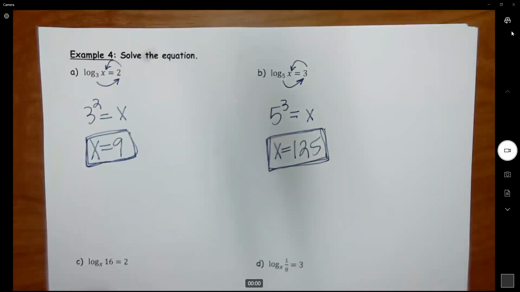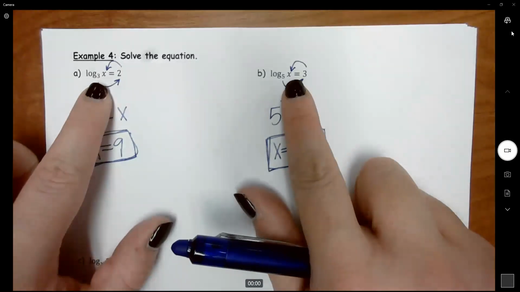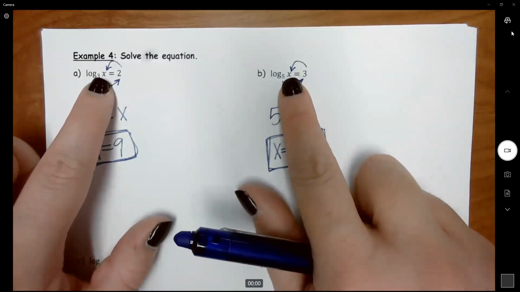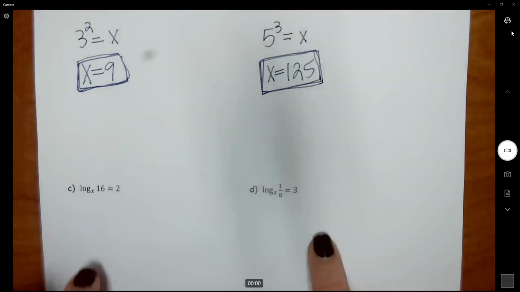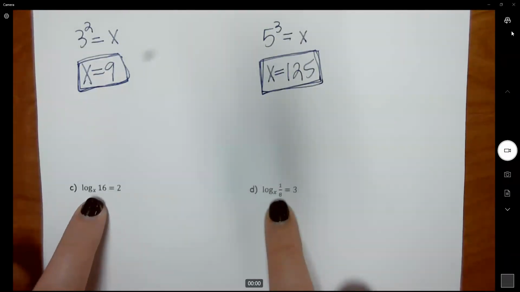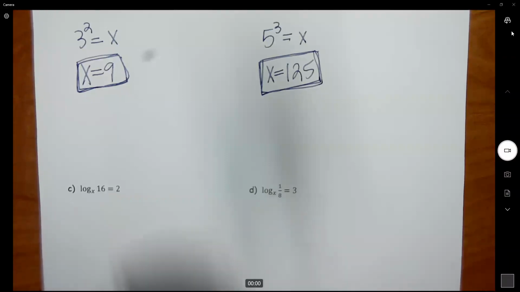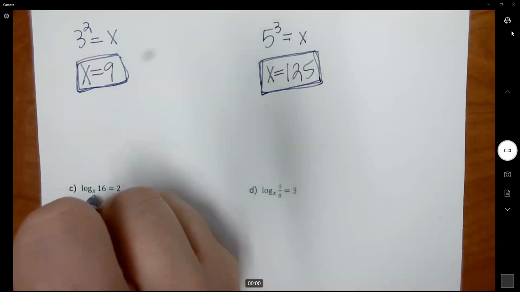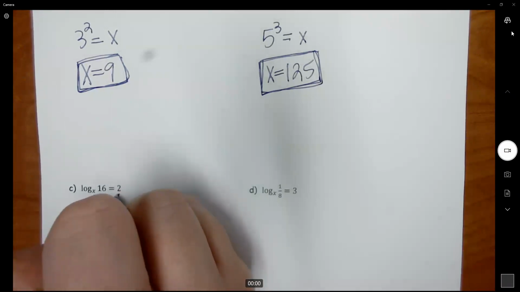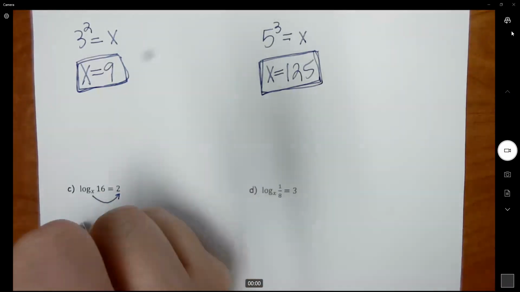Okay, so that's whenever we're solving for the big number here. Those are going to be the easiest ones. So now it looks like my variable here is where my base is. So let's see what to do there. We will still go from base to equals.